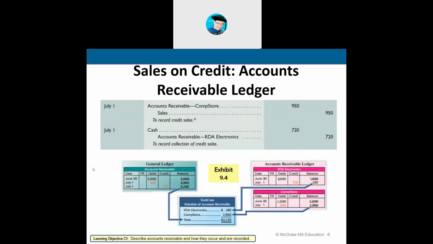Let's look at a few more. So we went through these two transactions already. On the bottom of this particular slide, we can see the overall effect on the ledger. As you recall, we have a general ledger and we have subsidiary ledgers. The general ledger reflects the parent account.